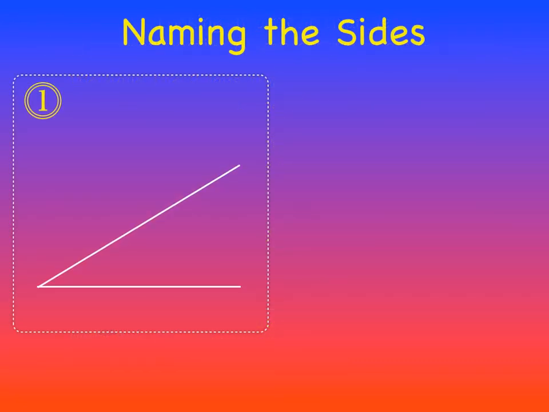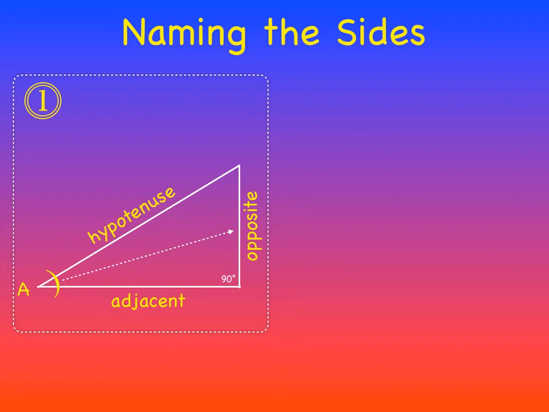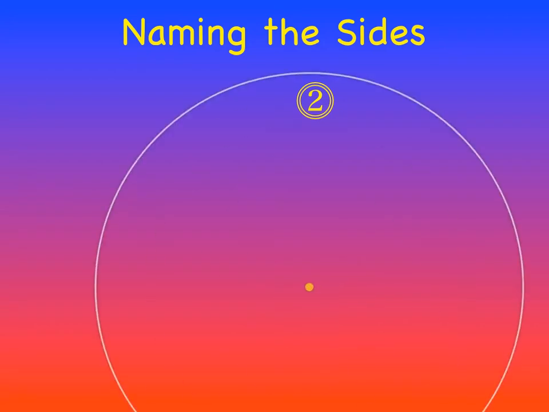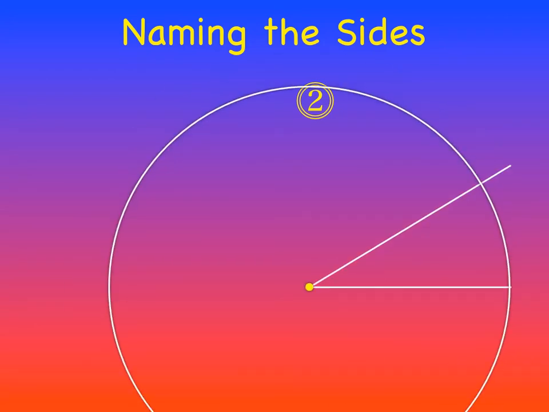So here they are: angle A, the opposite side, the adjacent leg, and the hypotenuse. But earlier in the video, we constructed this on a circle with central angle A, the secant, the radius, and the tangent.